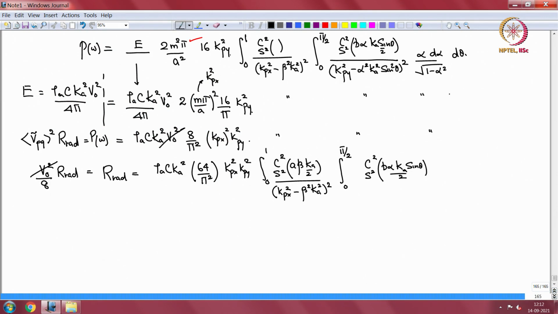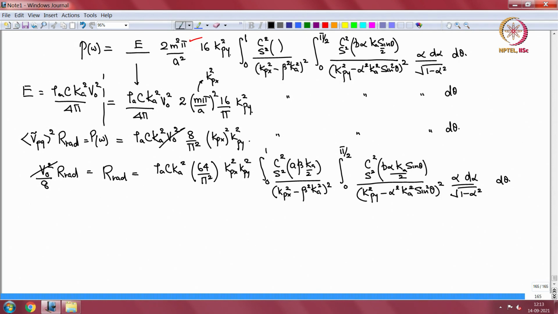Okay, so d theta divided by k square p y minus alpha square k a square sin square theta, whole square, into of course alpha d alpha by square root of 1 minus alpha square d theta.